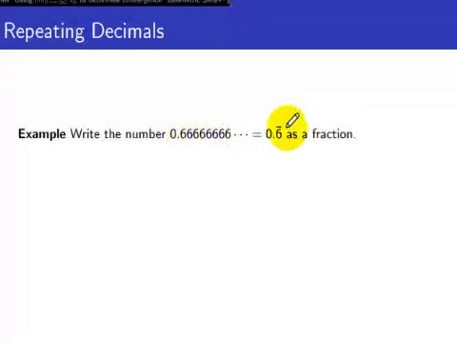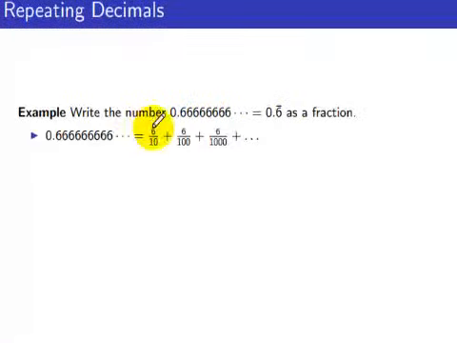So this can be written in this way, you get this 0.6 given by this term, 0.06 given by this term, so you get an infinite series like this.